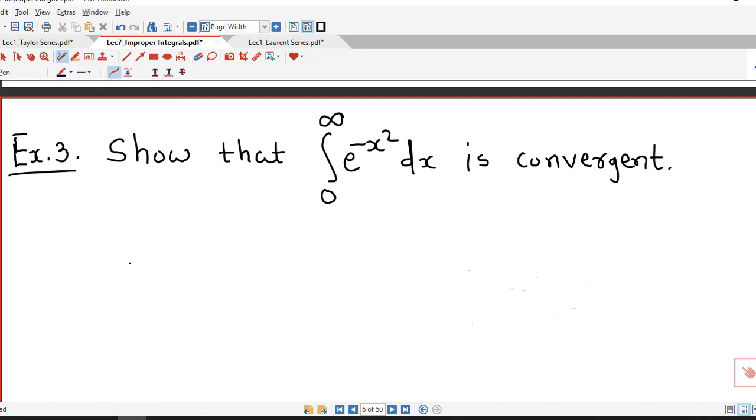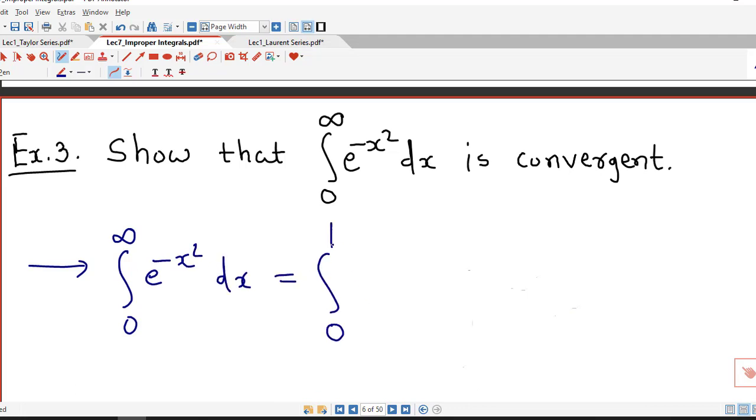So if we have limits from 0 to infinity, we can rewrite this integral as integral from 0 to 1 e raised to minus x square dx plus integral from 1 to infinity e raised to minus x square dx.